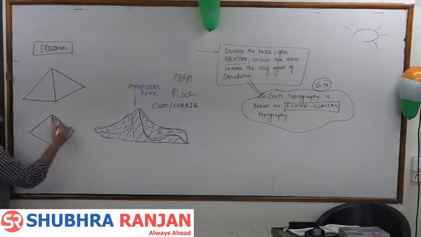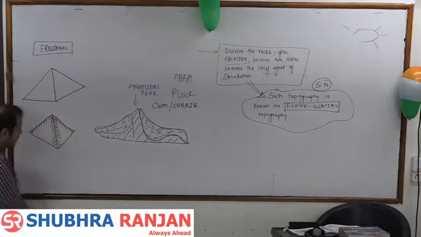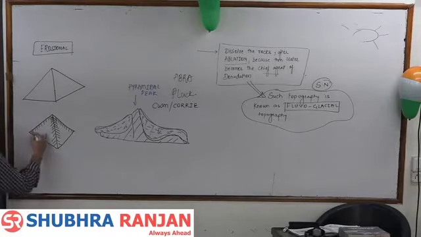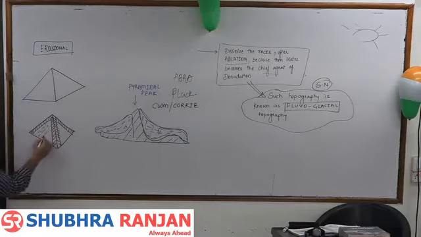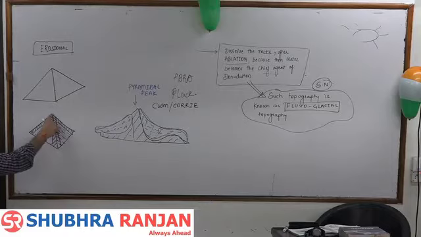There is rocks only over here. The rest of the sides have been removed by the glacier, and this is how the glacier is moving in two different directions, and this is how the mountain has become. So you will call each individual side a Kori, and the peak a pyramidal peak.